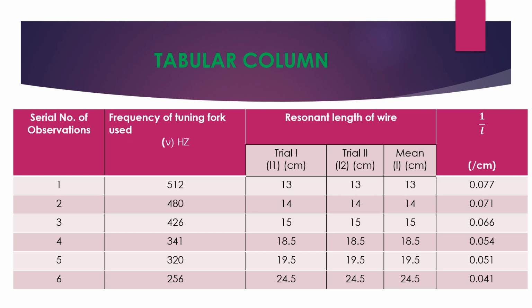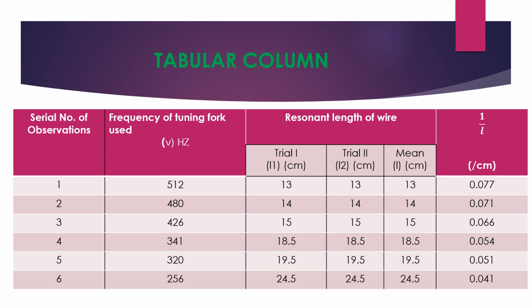For frequency 426 we are getting the resonant length as 15 centimeter. The reciprocal of the length we are getting 0.066. For 341 Hz we are getting 18.5 as the resonant length, and the reciprocal of the length we are getting 0.054.